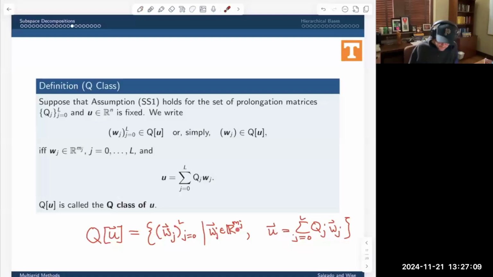They don't all have to be of the same size. If Mj is different for every j equals 0 up to L, then each one of these guys has a different size. So it's like making a collection of a vector that has length 1, then 2, then 5, then 7, etc. It doesn't really make sense to use the set notation in that case. So I opted to use the parentheses instead.